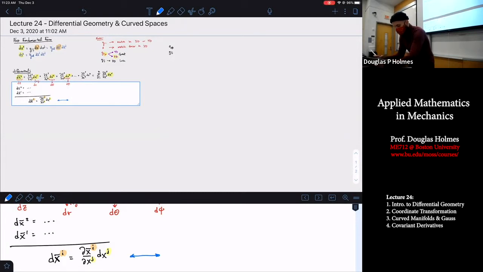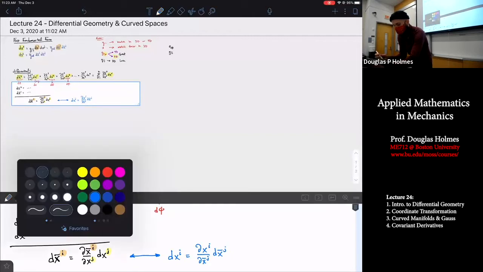And if we flip this around, we get something that'll look like dx i is going to be equal to the derivatives of dx i over dx bar j times dx bar j.